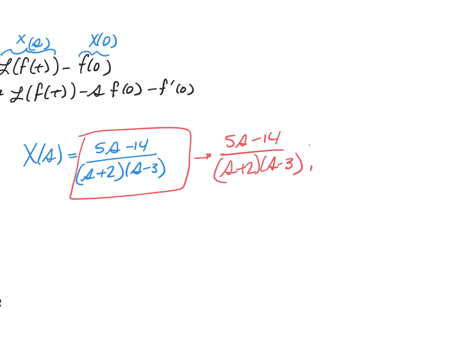When I do the partial fraction decomp, what I'm going to get is 1 over 5 s minus 3 plus 24 over 5 s plus 2.